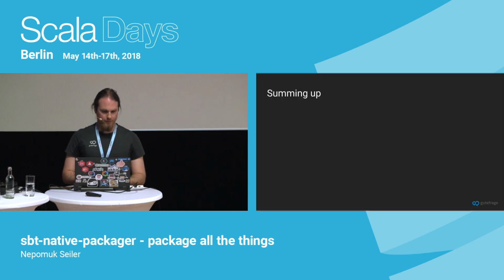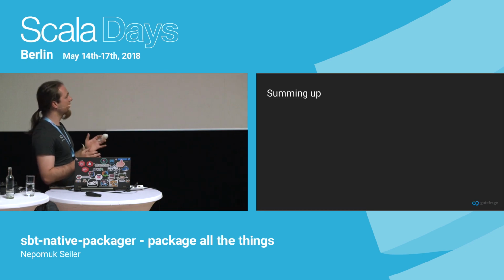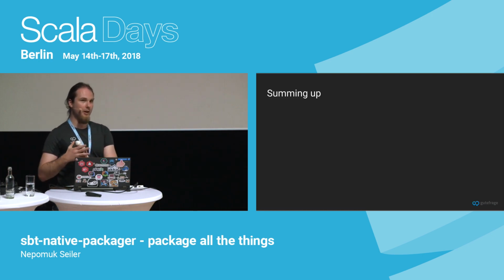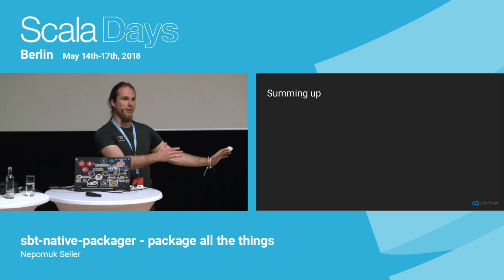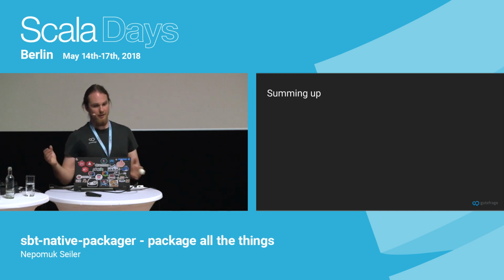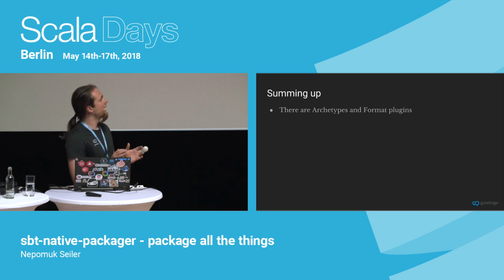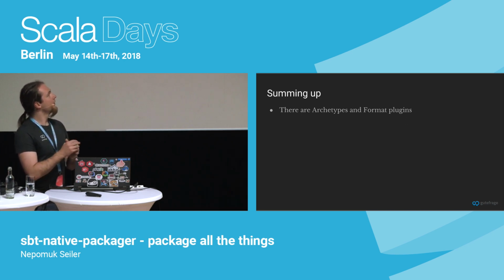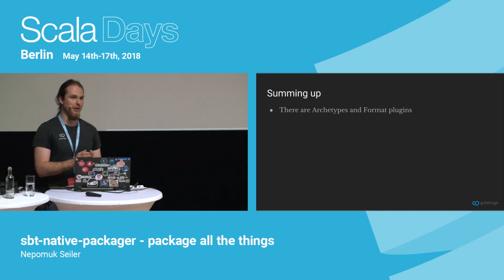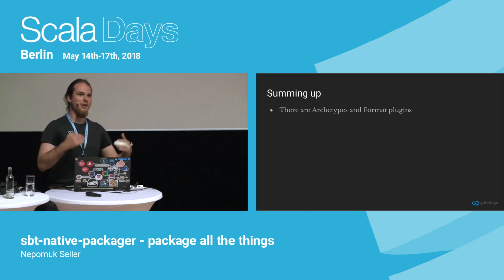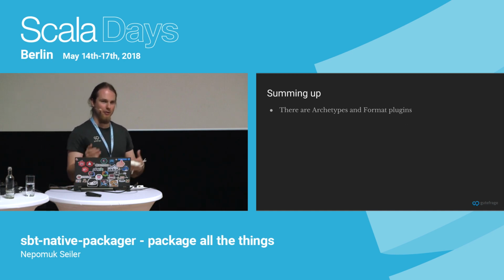So, I would like to sum up the things we did today. This was a very straight tour of native packager from the beginning to the end, to do some more advanced stuff. I already mentioned it during the talk. There are two types of auto plugins, and this is a continuous story for years now that people confuse these two.